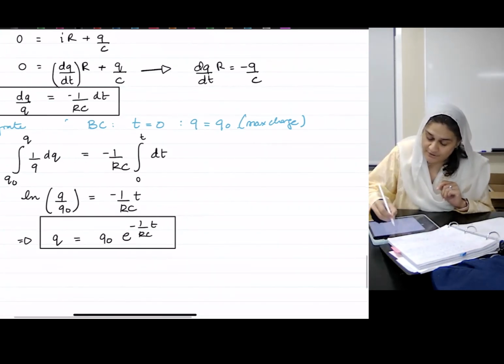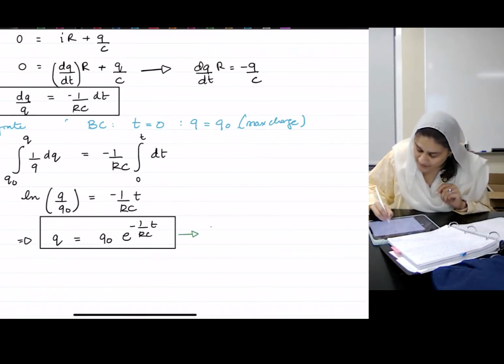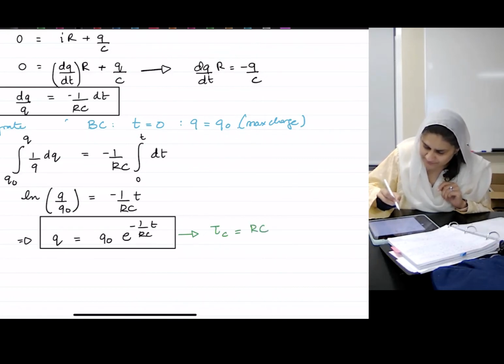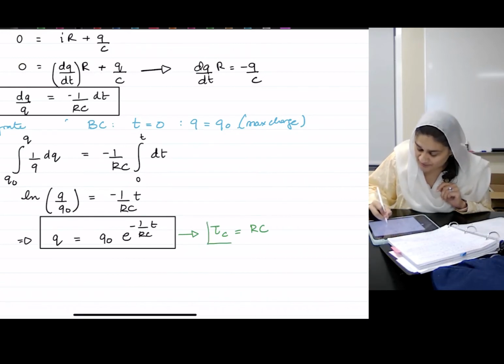Again, I'm going to use a different color for this. I'm going to use green. Here, the time constant is still RC.